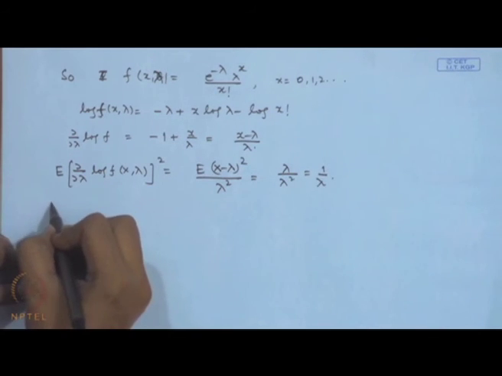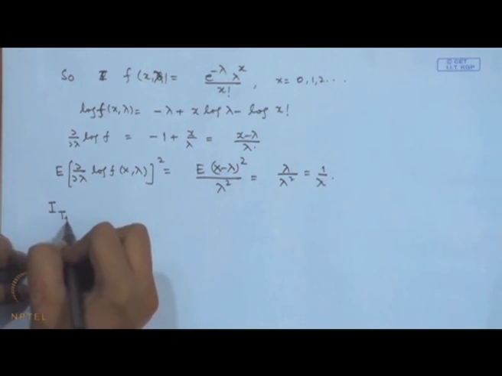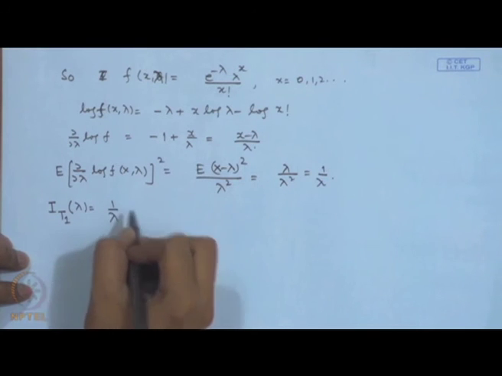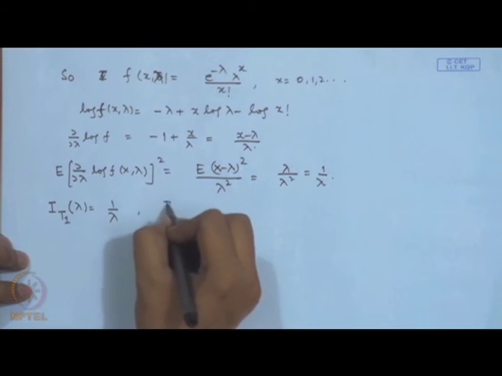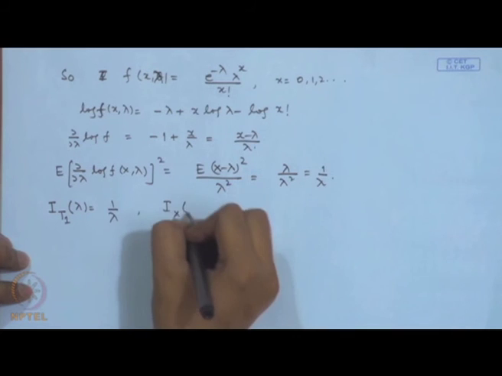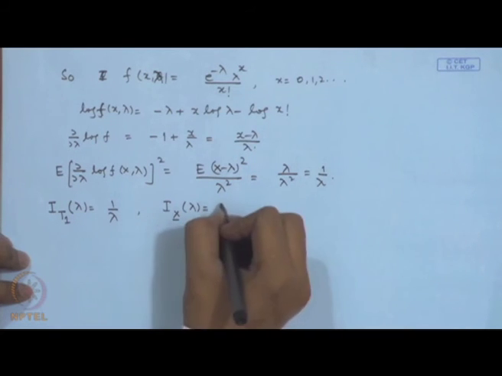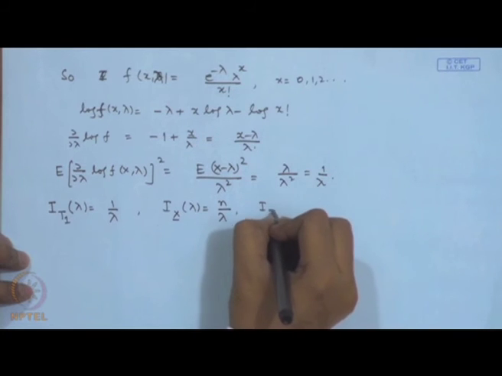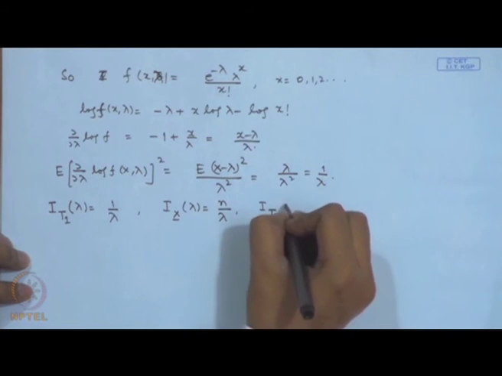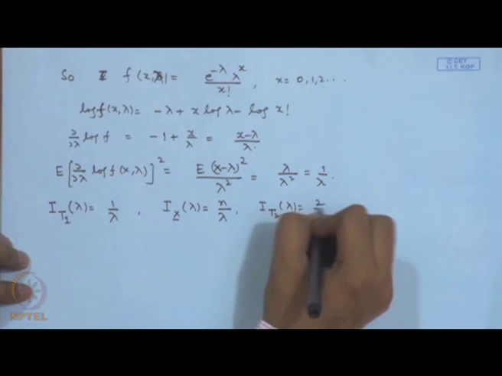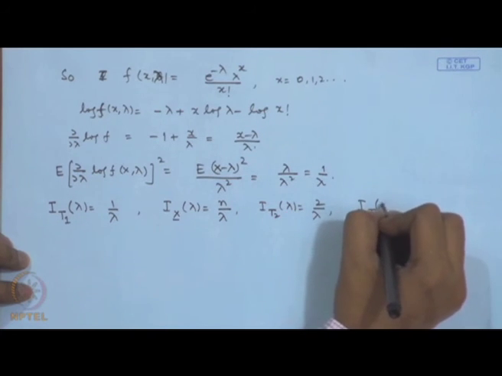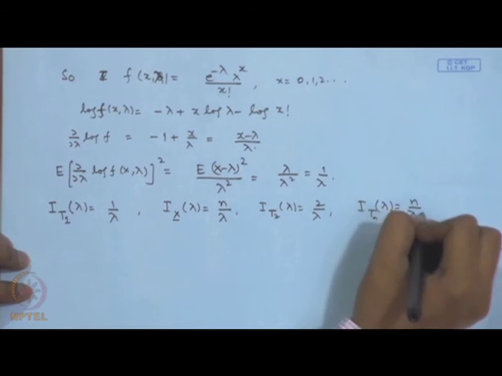So, if I consider the information in T 1, then that is equal to 1 by lambda. If we consider the information in say x itself, then it is additive. So, it will become n by lambda. If I consider information in t 2, that will be equal to 2 by lambda, and if I consider information in t n, that is also equal to n by lambda.